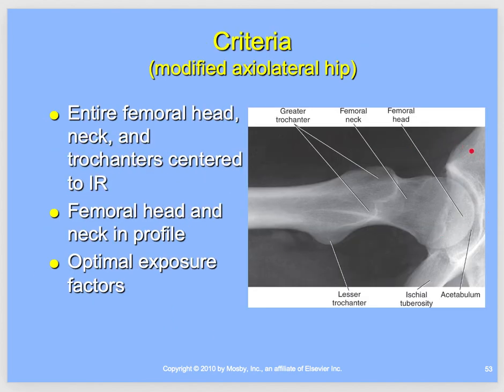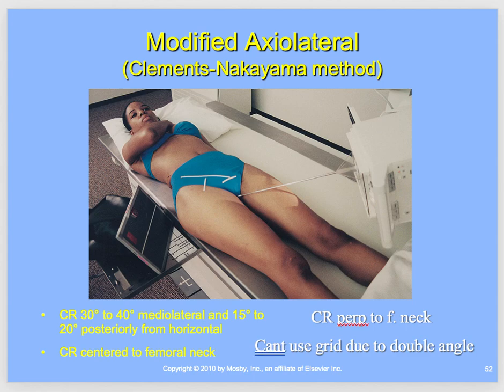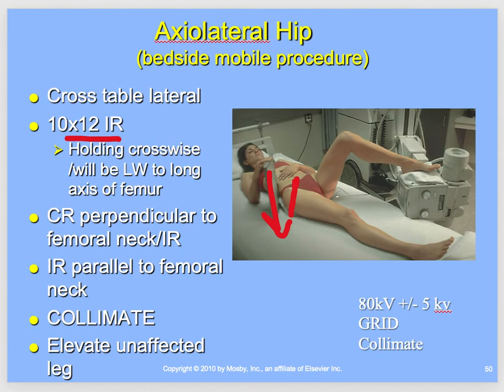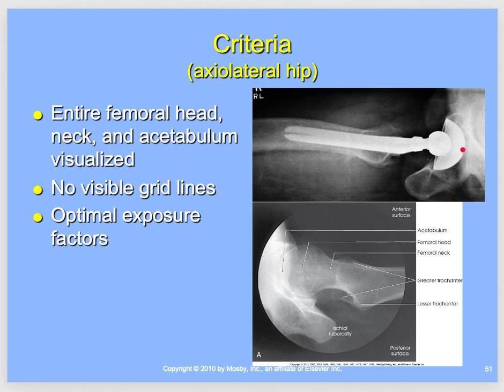So this is a really good modified axiolateral hip, the cross table, the Danelius-Miller, sorry, right here it is. So this is the Danelius-Miller, the axiolateral hip bedside. So you can see the head of the femur that's been replaced.